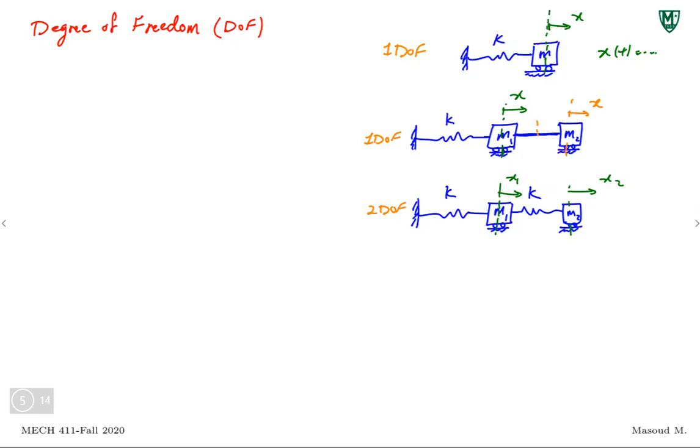Other examples. Let's take a look at this. Following this explanation, you can get a system with 3 degrees of freedom. M1, M2, M3. Right? Let's go with K1, K2, K3.